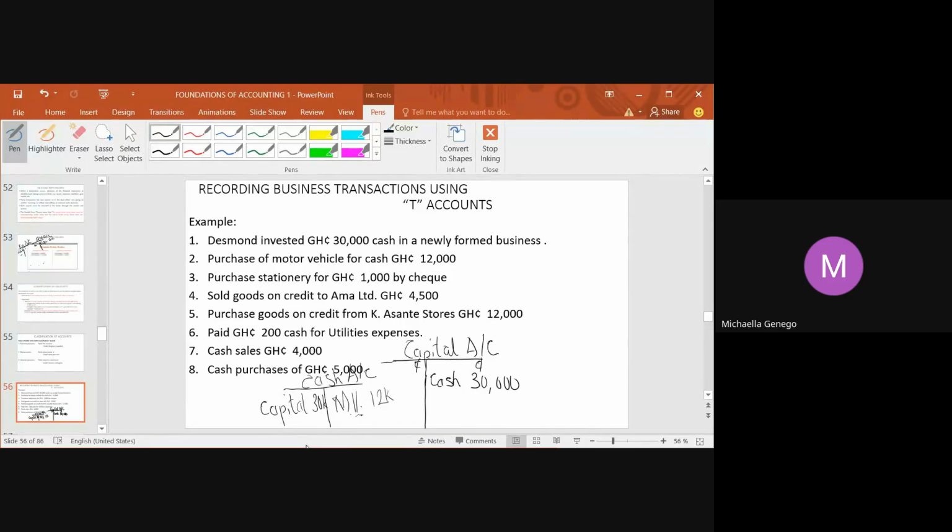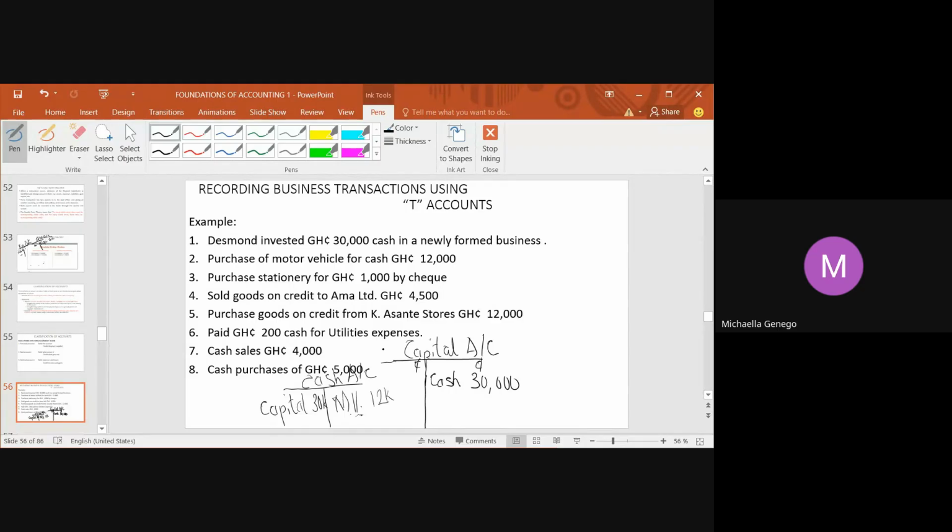Sarah, your hand is up. Yeah, madam, with what you are saying, you said we should open one cash account and one bank account. What about the ones like capital account? I'm not just referring to cash and bank. Anything, you shouldn't open more than one account for the same thing.